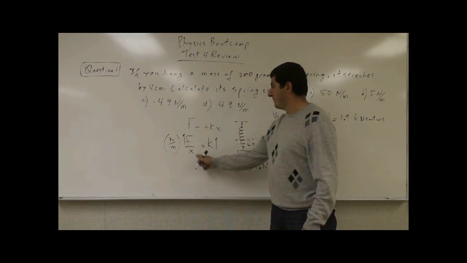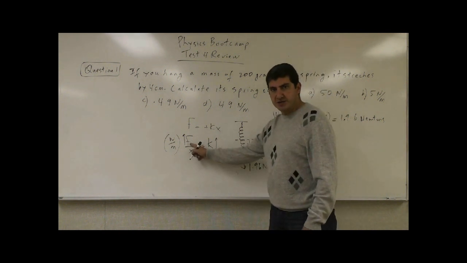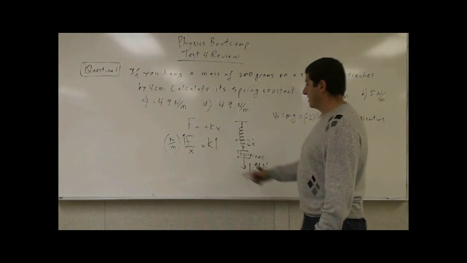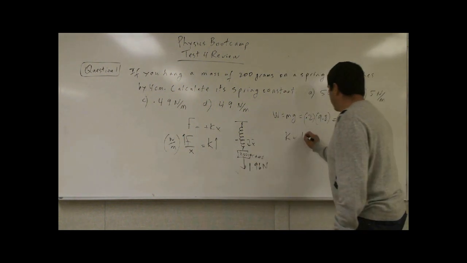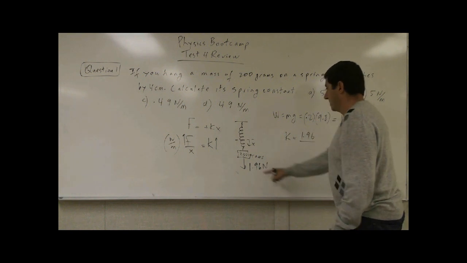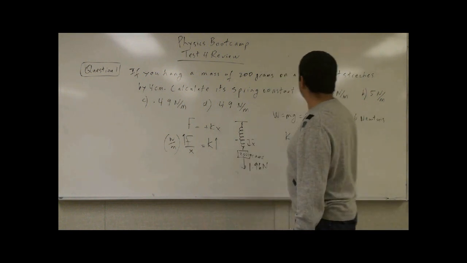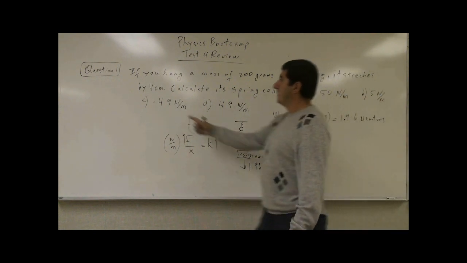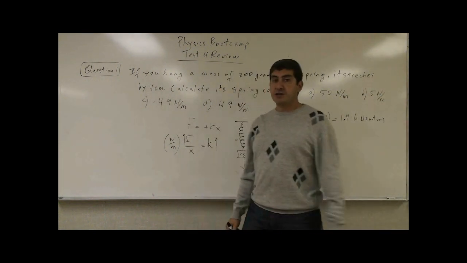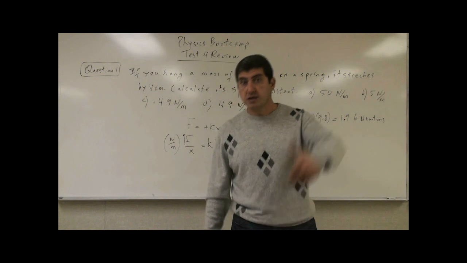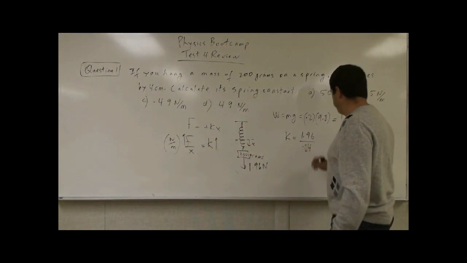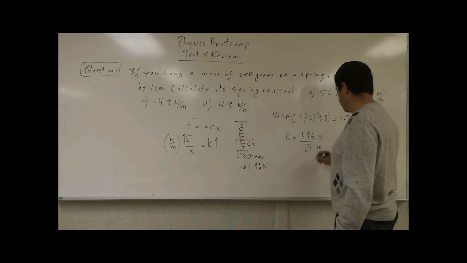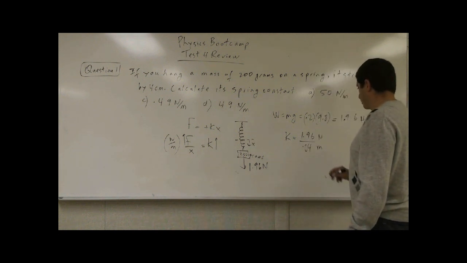And that's going to be the force that you were applying on the spring. So to calculate its spring constant, k, we divide 1.96 by x, which is how much it stretched. It stretches by 4 centimeters, which we convert to meters, so it's 0.04 meter. So this is newtons, this is meters. What is that equal to?